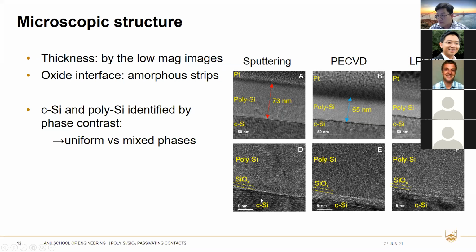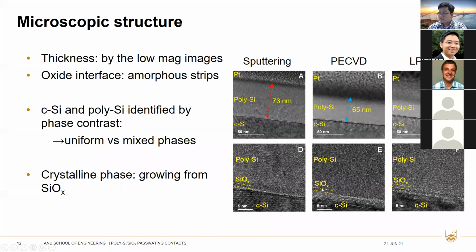The crystalline silicon substrate has a uniform crystalline phase. Meanwhile, on the polysilicon film, from all three methods, we see mixed phases of amorphous and polycrystalline phase. And also from here, we can say the crystallized phase seems to grow from the oxide interface rather than from the surface.